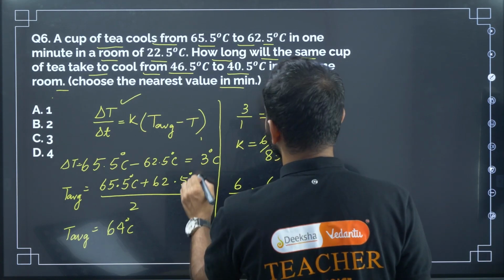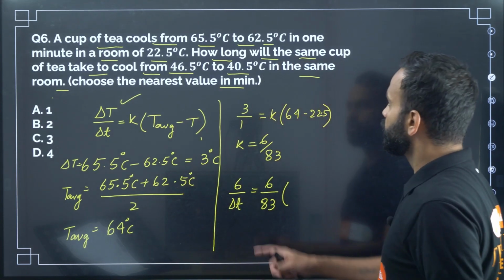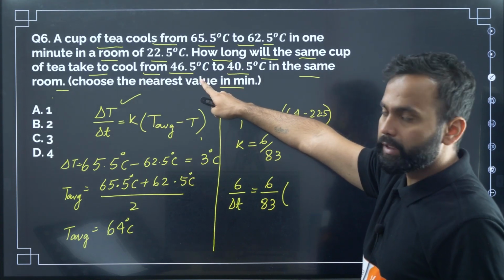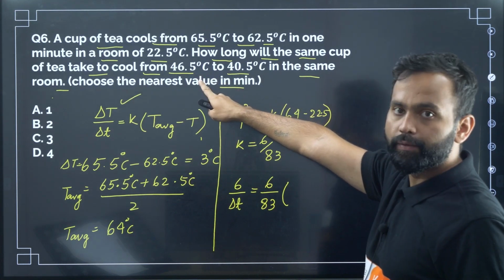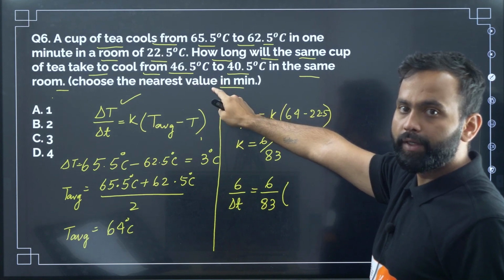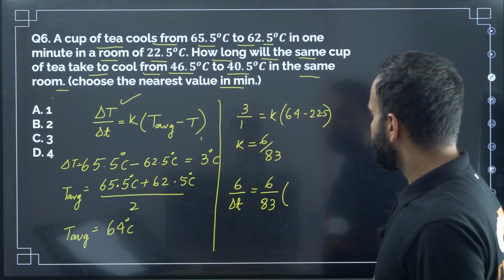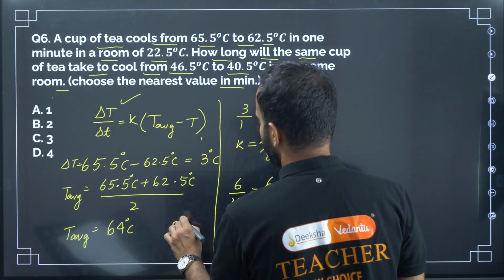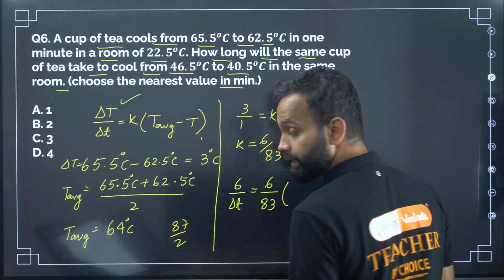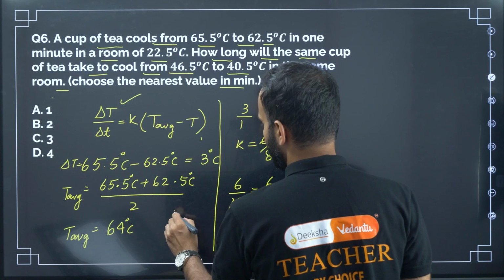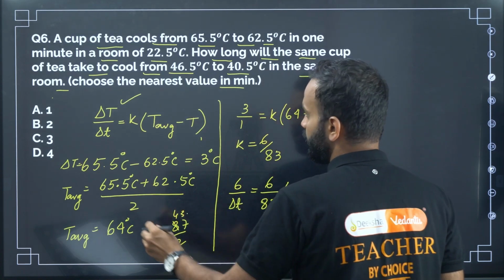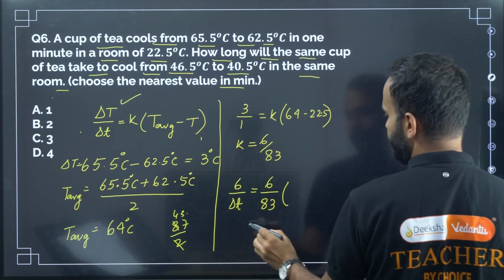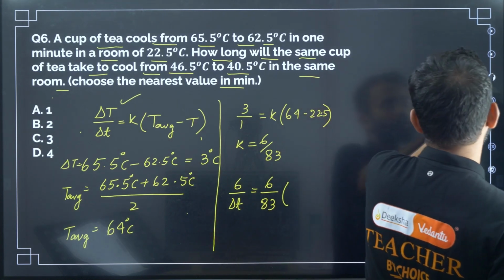Here T average is 46.5, so this will be 47. 0.5 plus 0.5 is 1, so 47, and 47 plus 40 is 87. 87 divided by 2 is 43.5. So average temperature is 43.5.